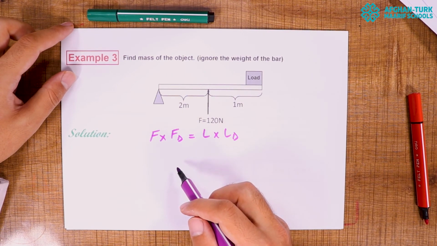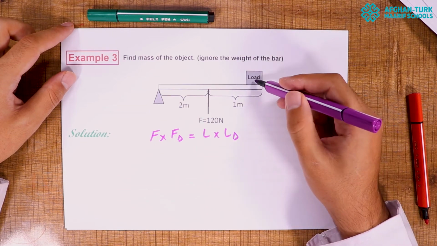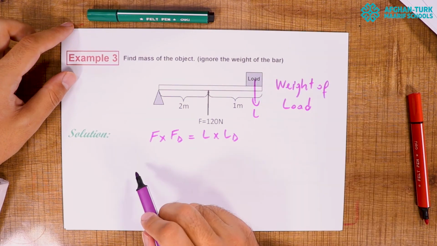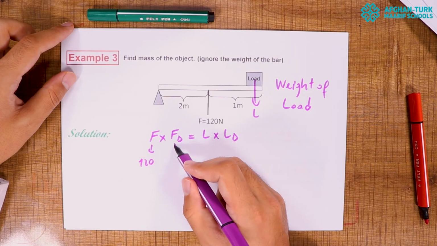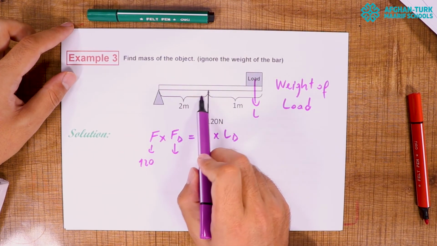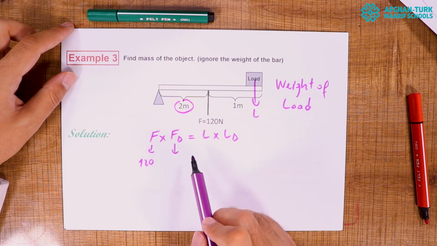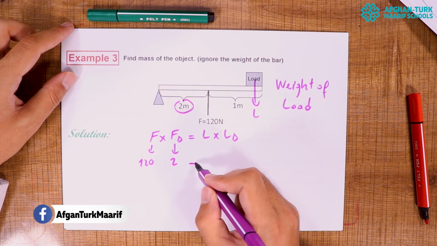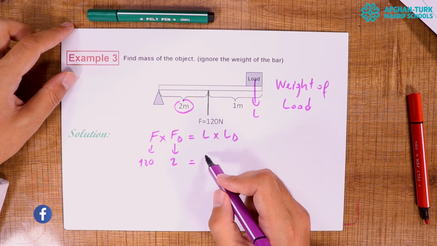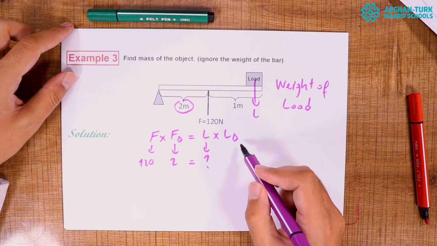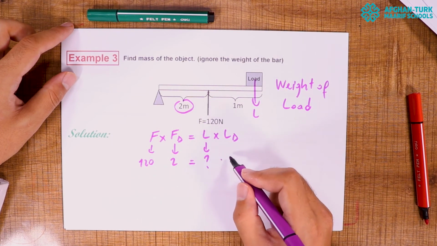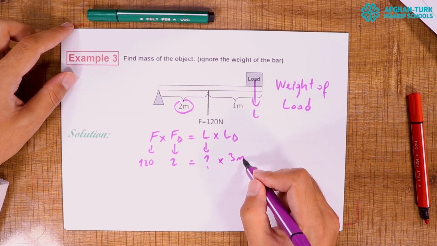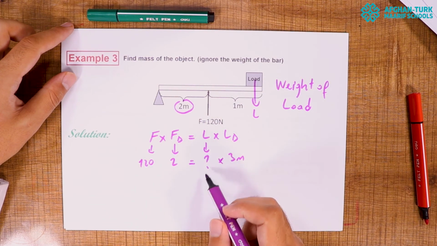I am trying to find the weight of the load. My F is 120 Newton. The force distance is 2 meter. And I'm looking for the load. And the load distance is 1 meter plus 2 meter, which is 3 meter.